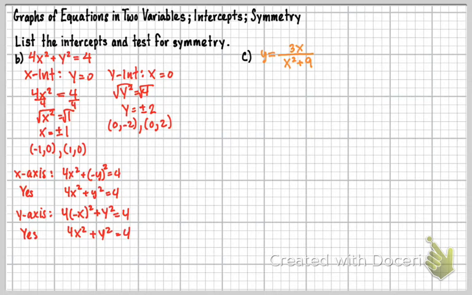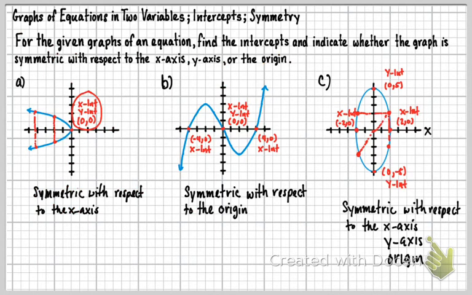Now the last test is the origin. Is this symmetric with respect to the origin? So what we do is, when we think about that origin, now remember, just like this example here where I take a positive x, y here and I shoot it through the other side, that's going to actually be a negative x, negative y.